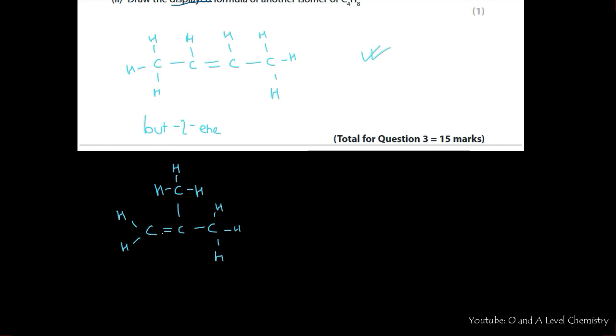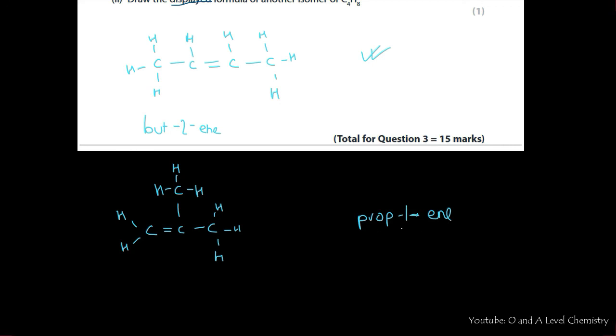The name is, the longest possible chain here is this one, and I'm going to number it from this side because that's going to give the double bond the least possible number. So 3 carbons in the chain, so I know that it's going to be prop, and it's going to be ene because there's a double bond. In this case, even if the double bond was here, it would always be 1-ene.